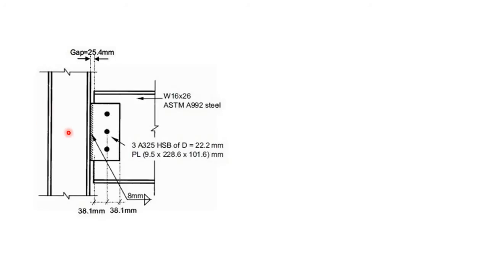But it is not directly connected. In between this column and this beam we have bolt, plate and weld. This beam is connected to this plate through this bolt, and this plate is connected to this column through this weld.